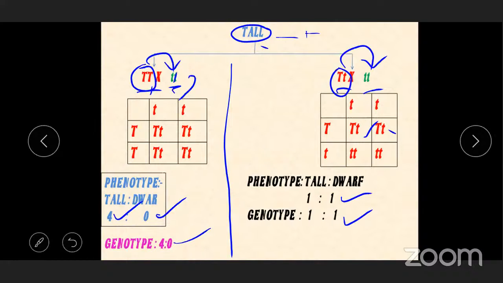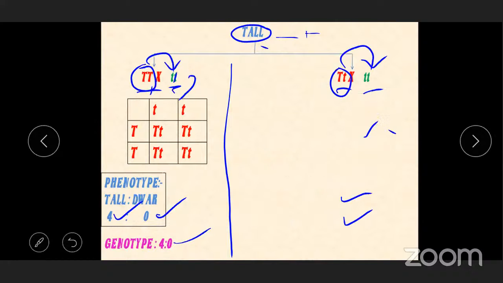If the phenotype ratio is 1:1 in the next generation, the F1 plant's genotype is heterozygous tall. We can find out easily. Simple thing, Nana.